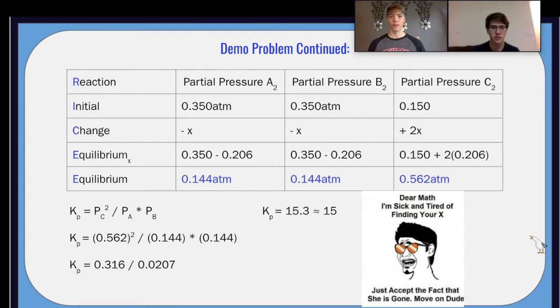So you can do this by simply plugging your equilibrium pressures back into the equilibrium expression, and we find that after doing so, our equilibrium constant is 15.3, which is close enough to 15 to say, yes, there were probably some rounding errors, but we have a good answer.